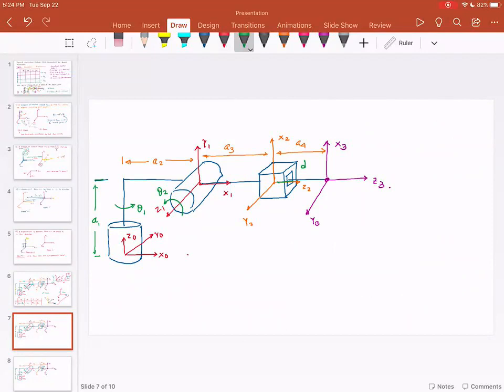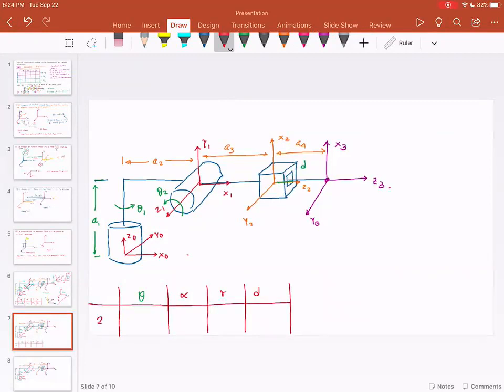So now I'm looking at theta, alpha, R, and D. Theta, alpha, R, and D. And you are at joint 2, so it should be between 2 and 3.